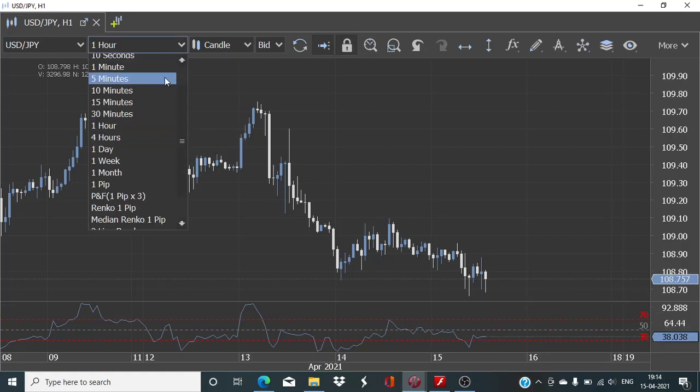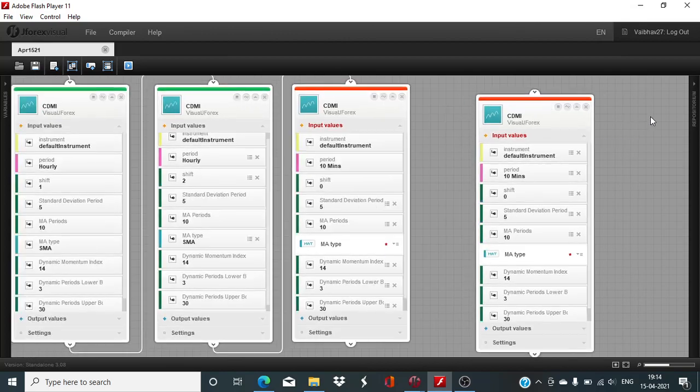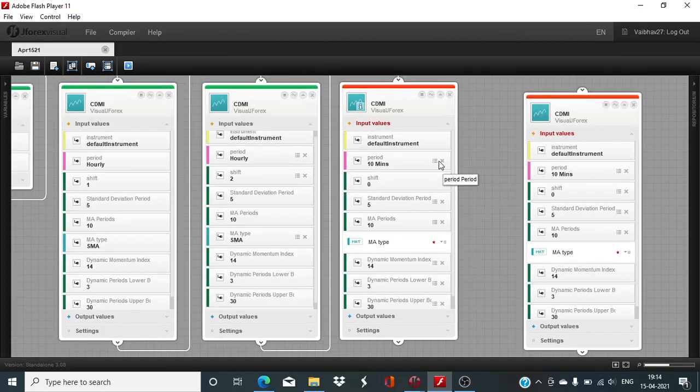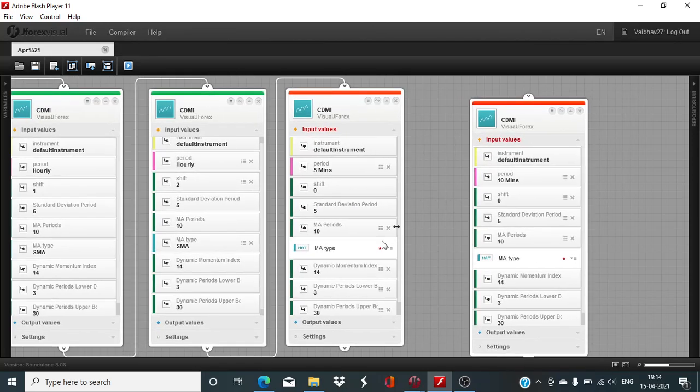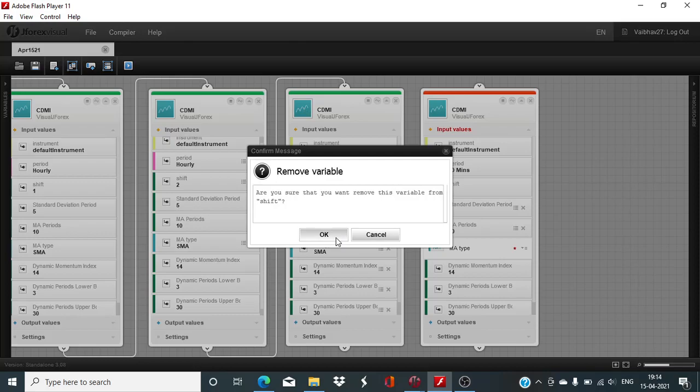So because of that, to get the optimum entry, I think 5 minutes should be good enough. So this will be changed to 5 minutes. Moving average type is SMA again, and shift 1.